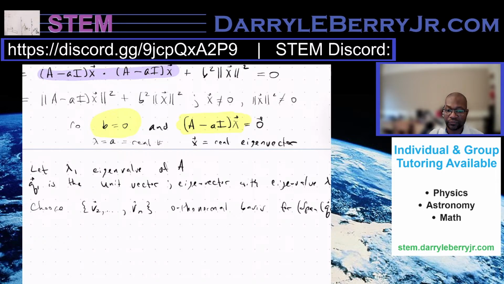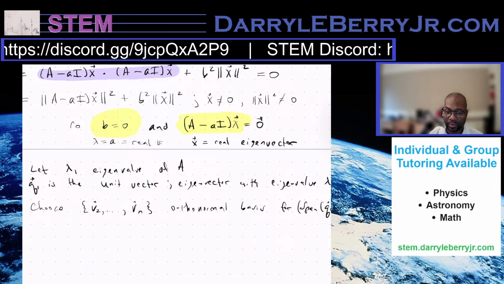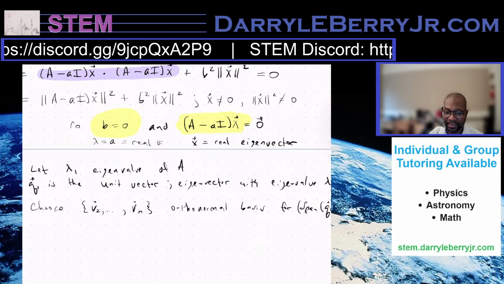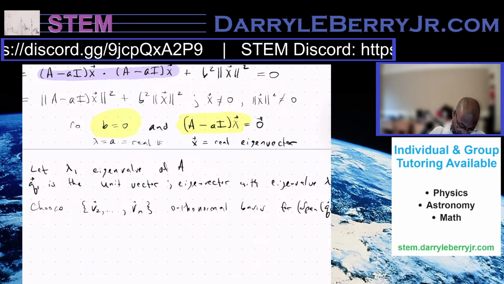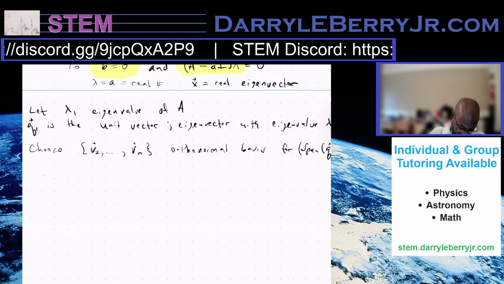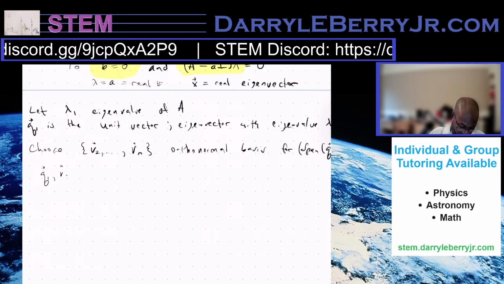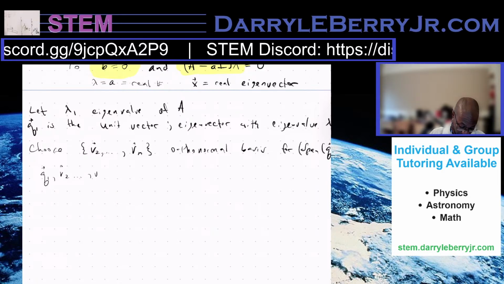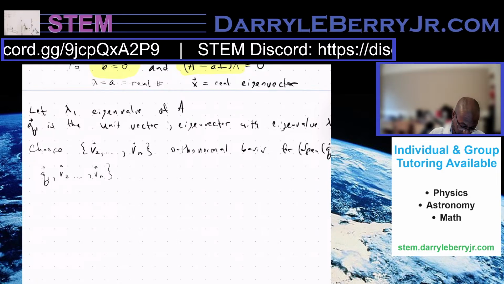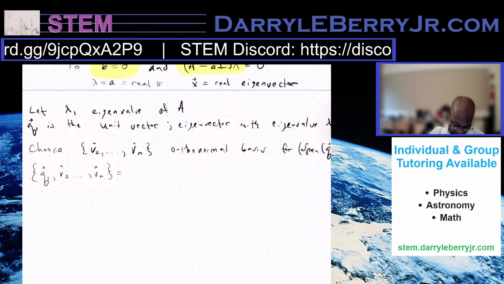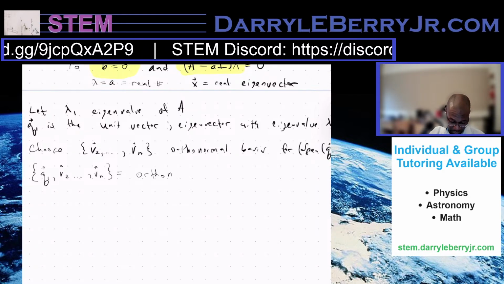What then is the matrix for the linear transformation UA with respect to the new orthonormal basis Q1, V2, Vn equals the orthonormal basis.